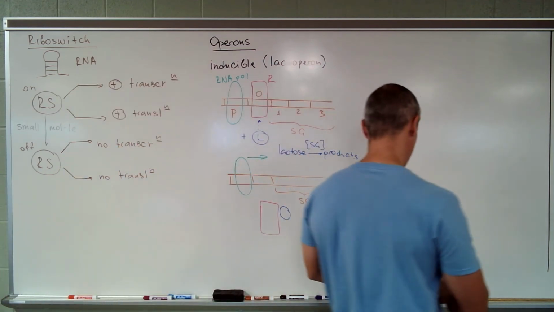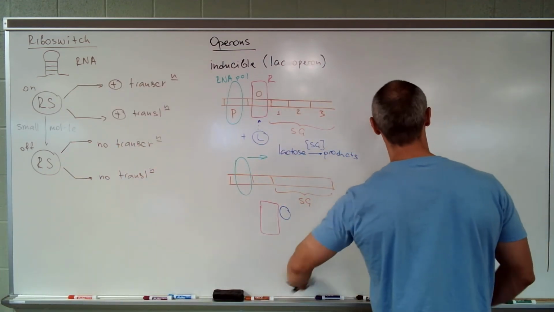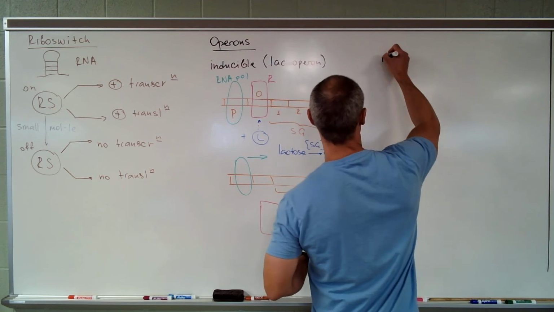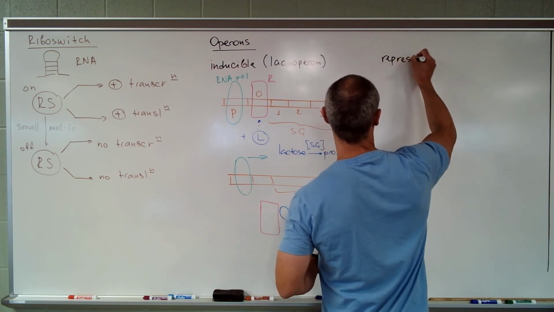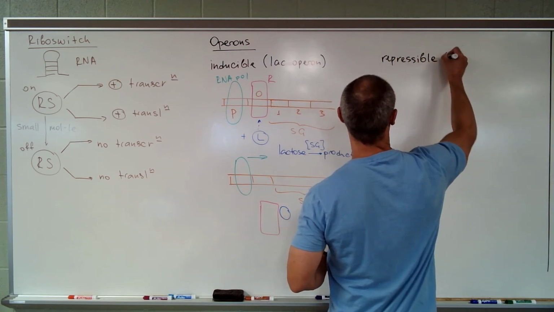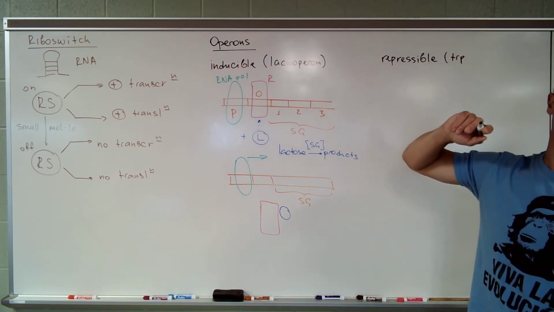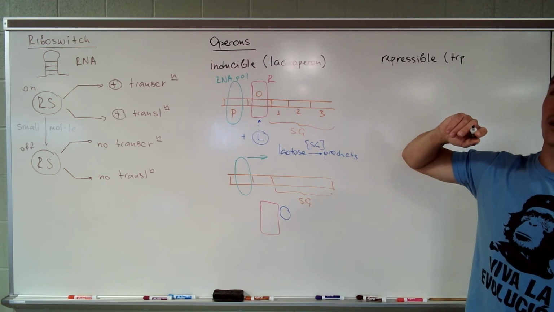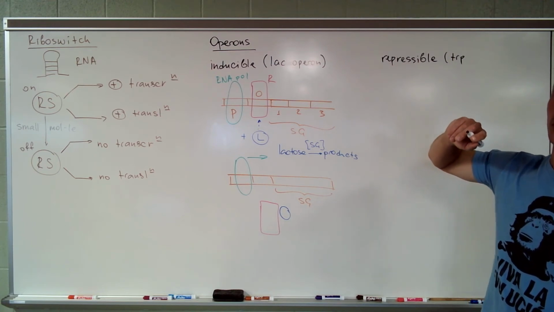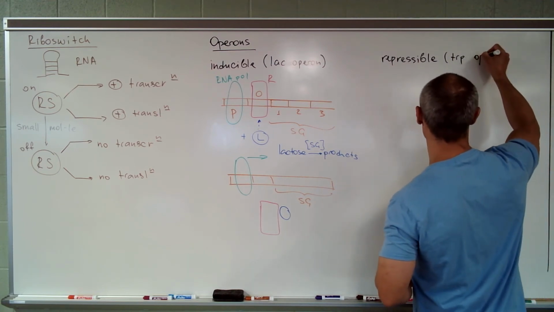The second type of operons here are repressible operons. You can practically guess at this point that it is probably regulated by product, and it will be a correct guess.